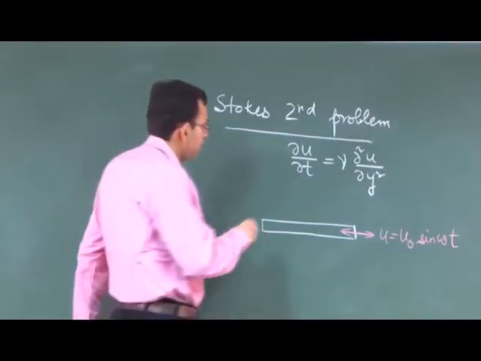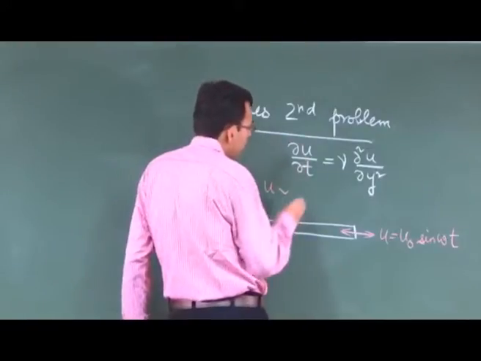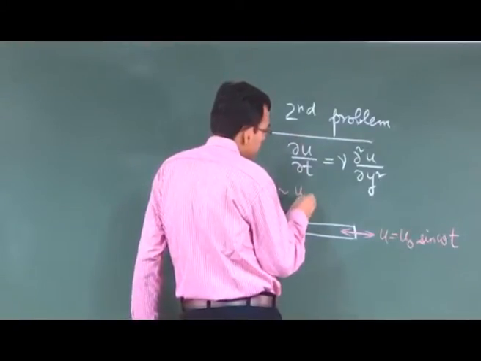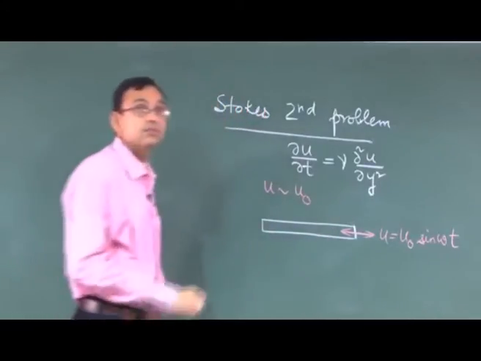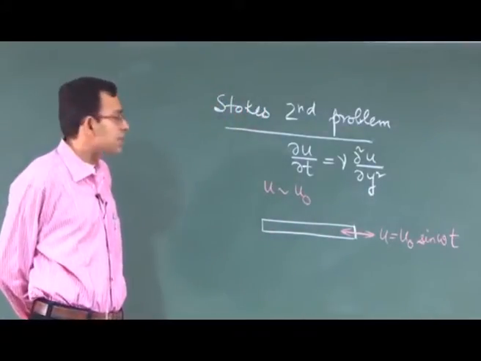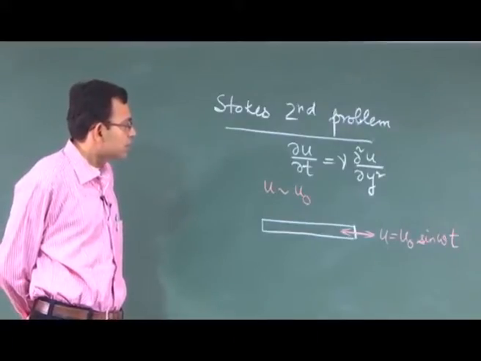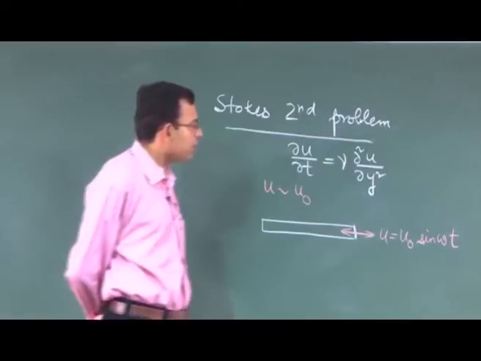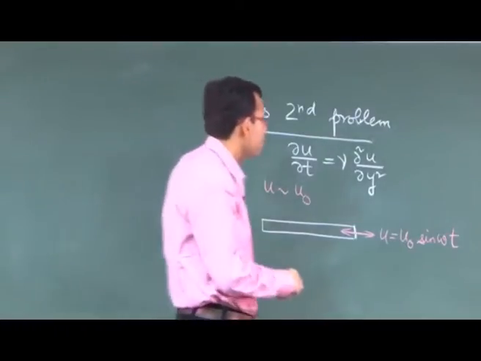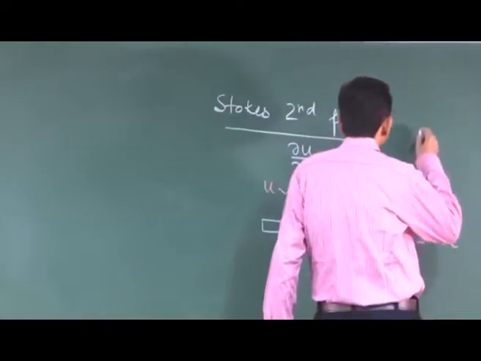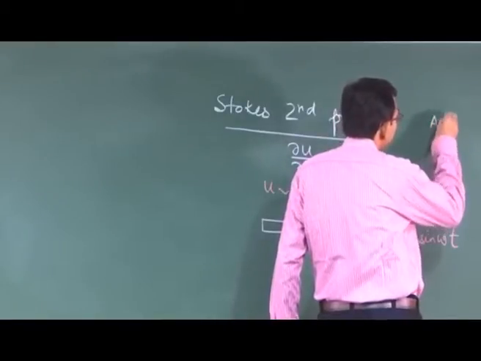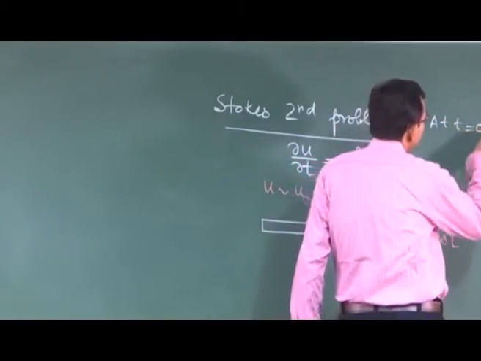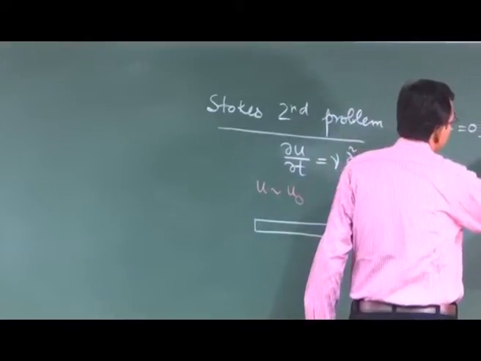The scale of u is u0. Before doing the scaling analysis, let us formally state the problem. At t equal to 0, u is equal to 0 for all y.